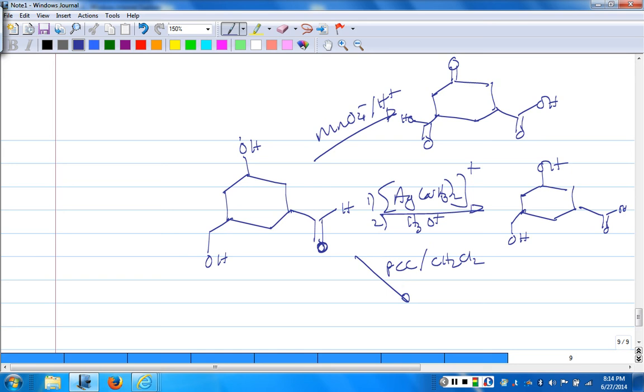Well, this reagent oxidizes alcohols, primary and secondary, into the corresponding carbonyl compound, at the aldehyde level. It will not touch aldehydes. So what I will get from that reaction would be a ketone, and the aldehyde remains untouched. So I make a ketodiol.